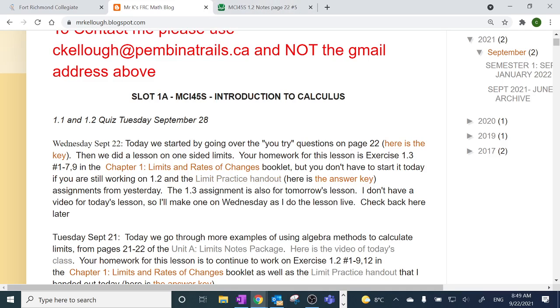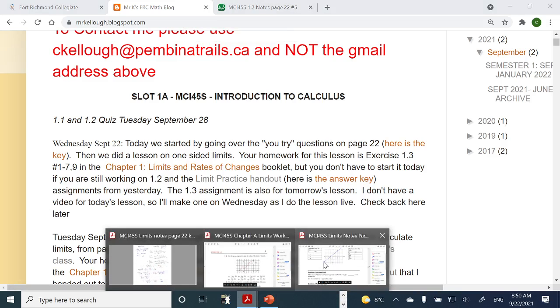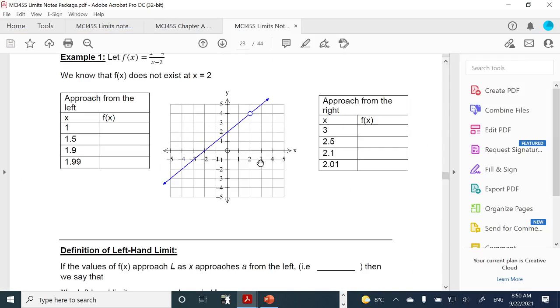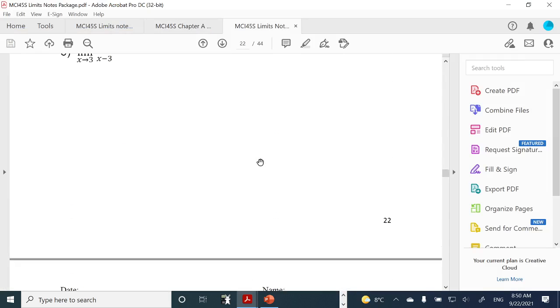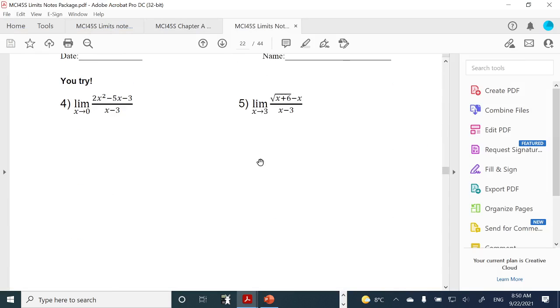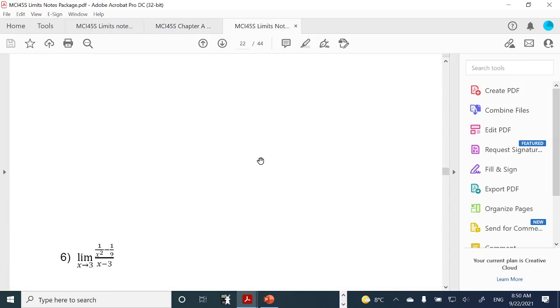I did take the examples from page 22, the ones that I left you with yesterday to try. I took these 3 examples for 4, 5, and 6, and I did graph them. And that's not a bad thing to do.